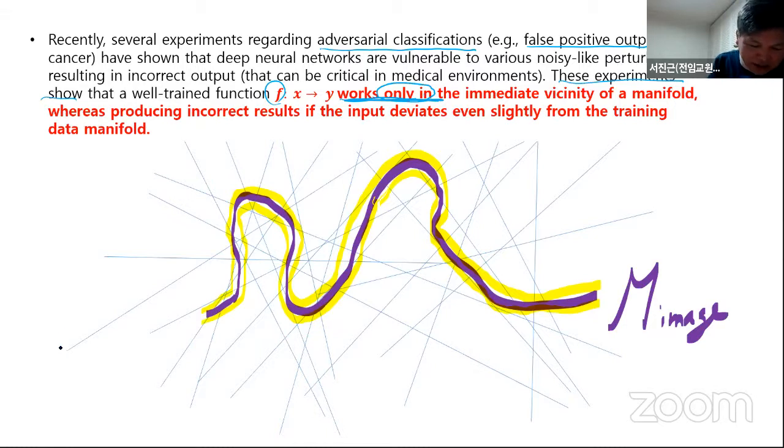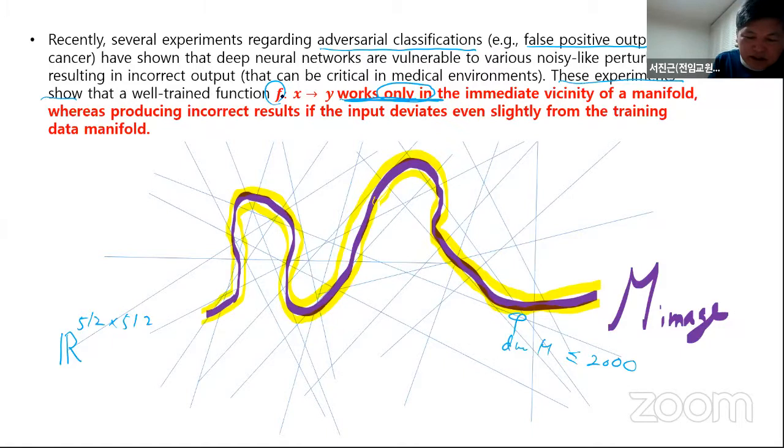This part is the high dimensional space. This is maybe 512 times 512. And maybe this manifold dimension is less than, maybe 2000 or 22,000.